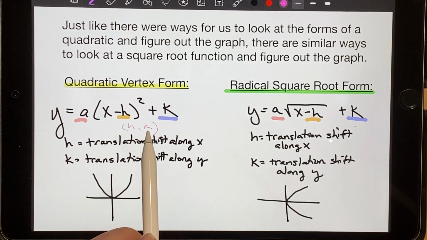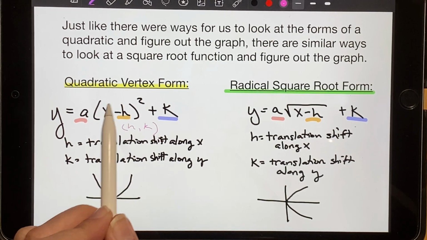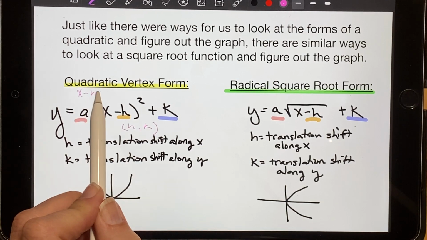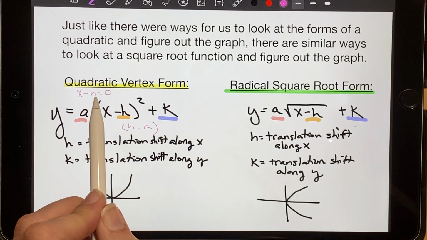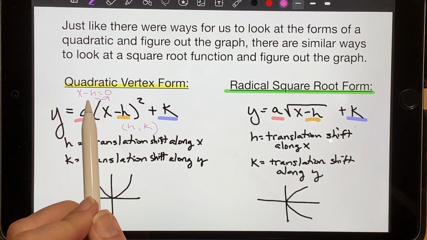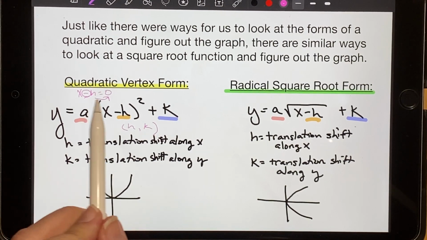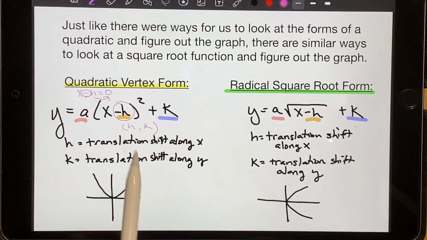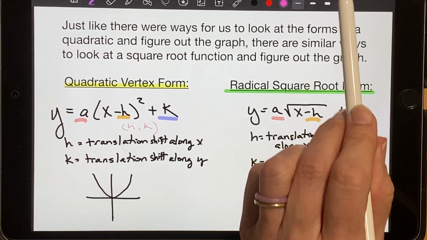So the K value stays the same. X and H are on the same side of the equal sign, so we had to set X minus H equal to 0. And that means when we change sides, we change the sign of it. So our X value is the opposite sign of whatever is located there, right?